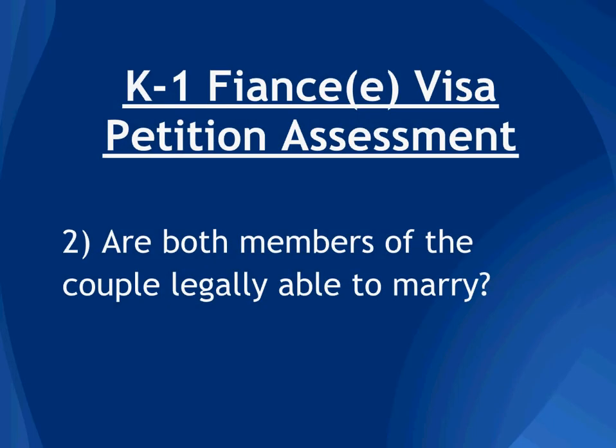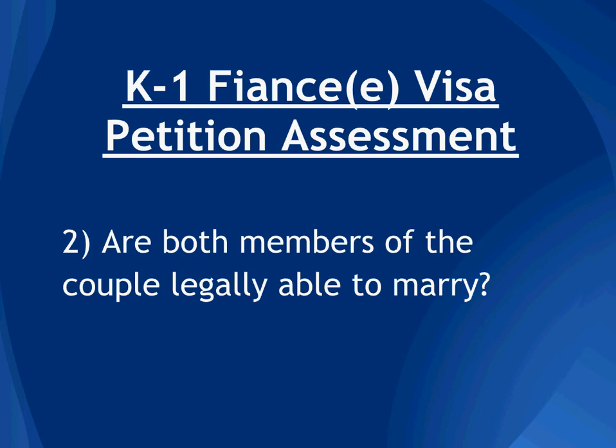Question number 2. Are both members of the couple legally able to marry? Legal ability to marry depends on the state where you're getting married. So you must first of all be of marriageable age in the state where you will be getting married.